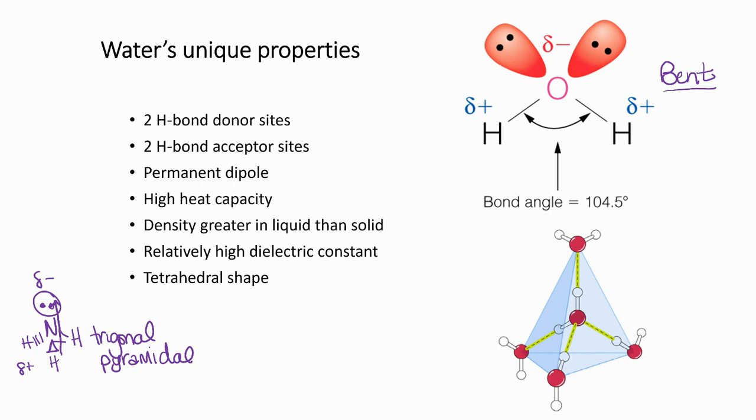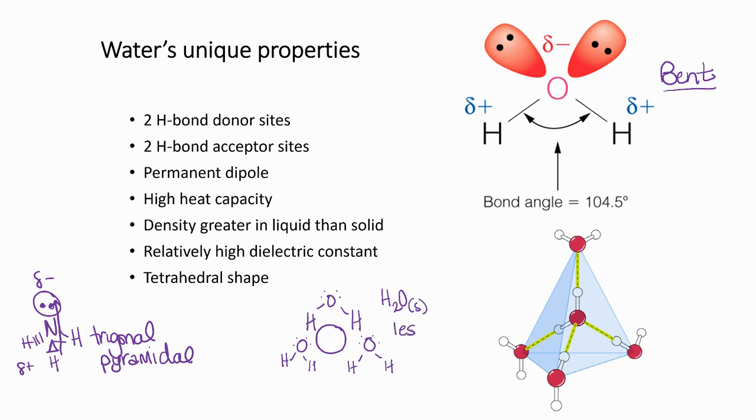One of them is the following, that when ice freezes, for example, what happens is that it aligns dipole to dipole, and it creates kind of these spaces between a group of molecules. And what that does is it lowers the density of water solid.